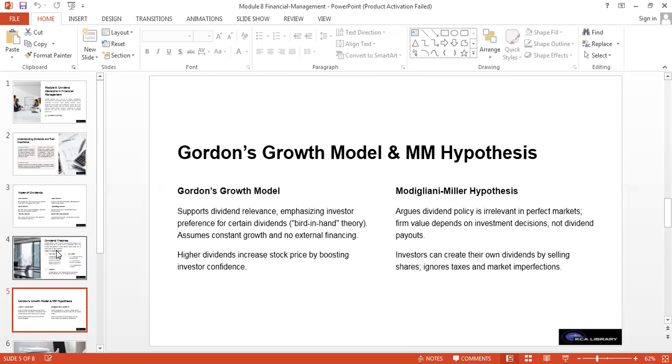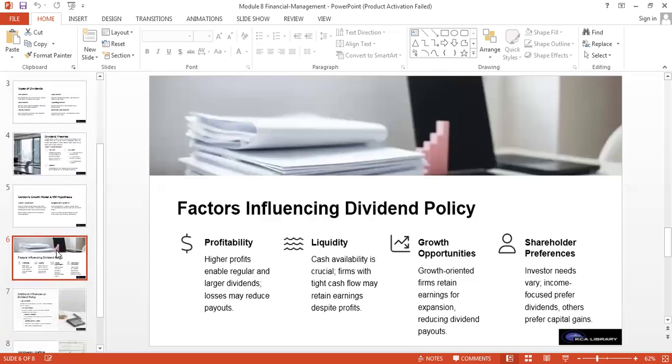This is what this hypothesis states: that dividend is irrelevant in a perfect market, and that firm value depends on investment decisions and not on dividend payout. So these are the theories that we look into as we talk about dividend policy.